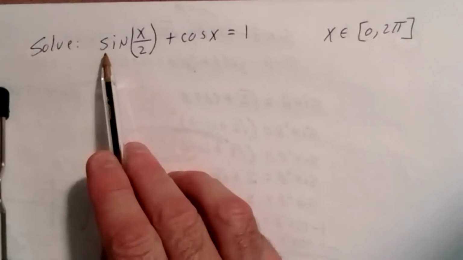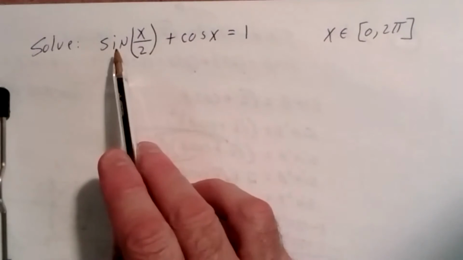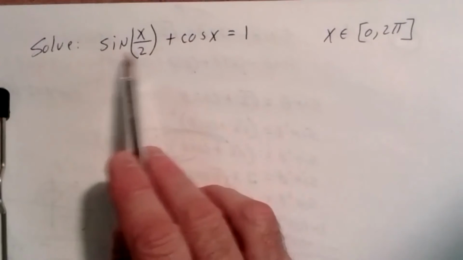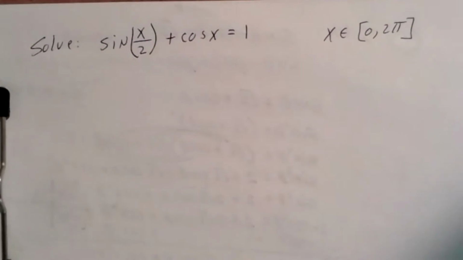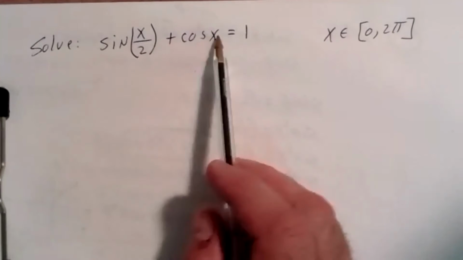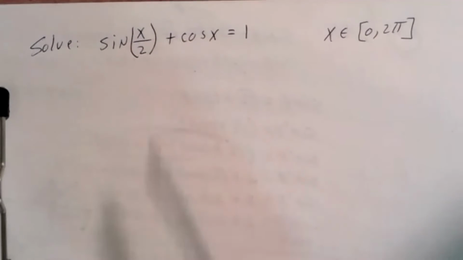Why does this equation initially present itself as being very nasty? Why does this equation look very difficult at this point?